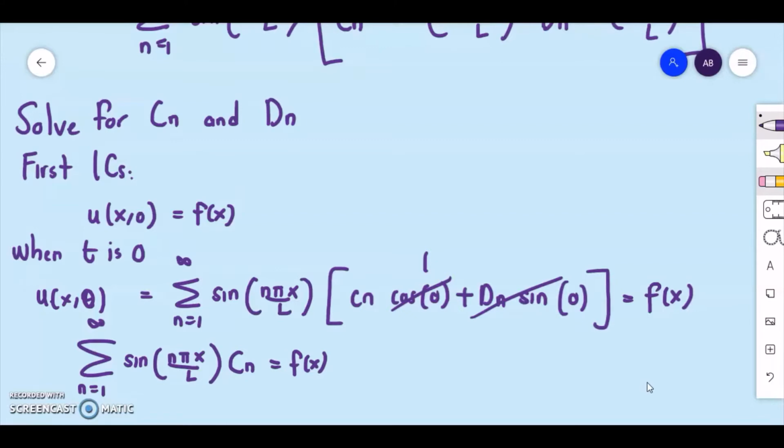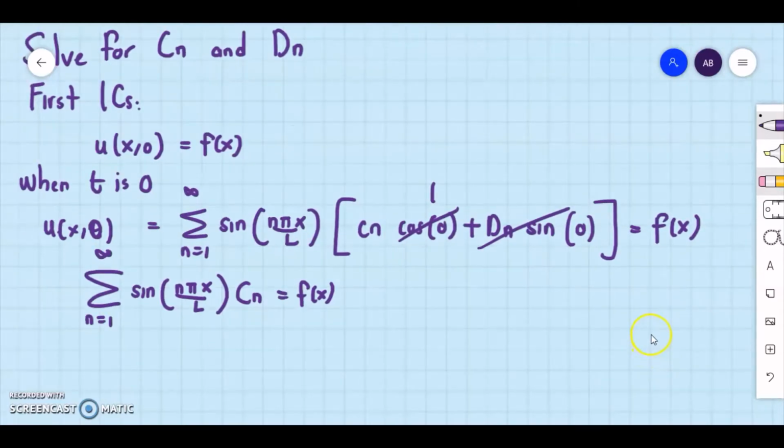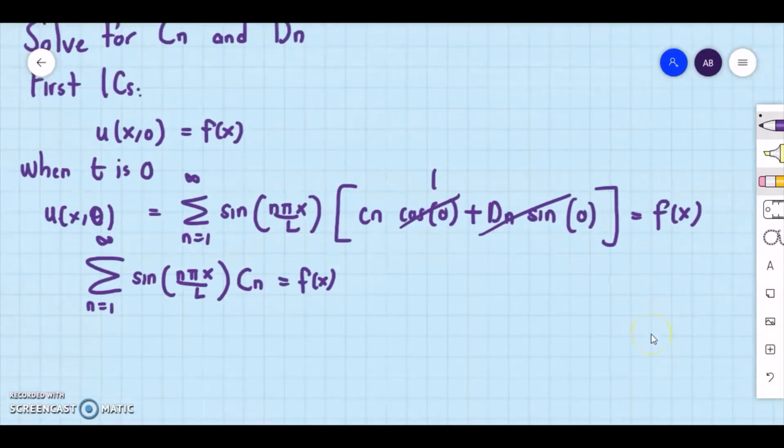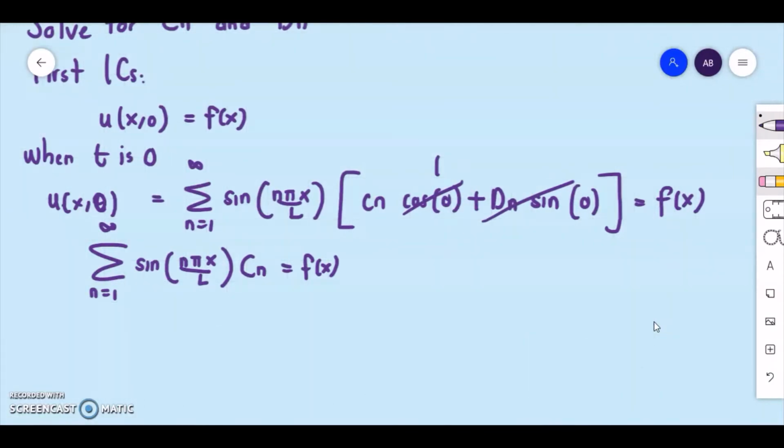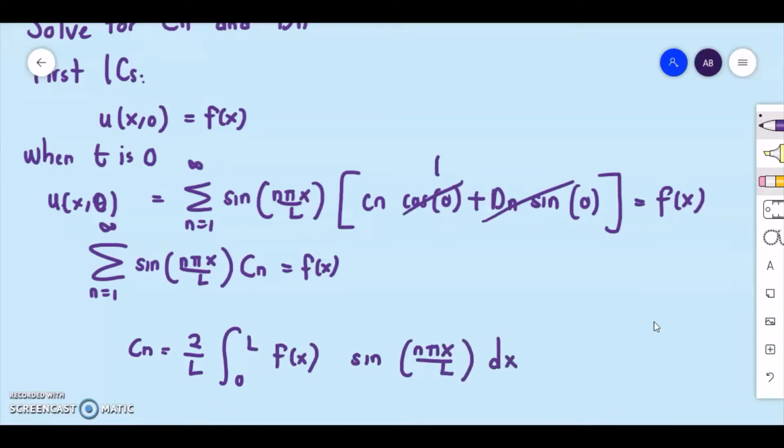Now if you look at this solution for my c_n here, this is my half range series, where my c_n is given by 2 over L, integrate from 0 to L, f(x) sine(nπx/L) dx.